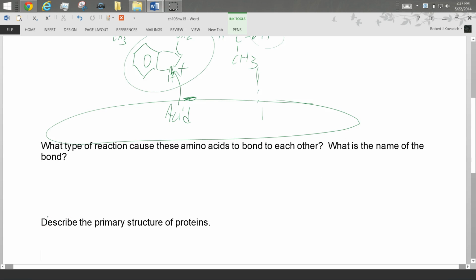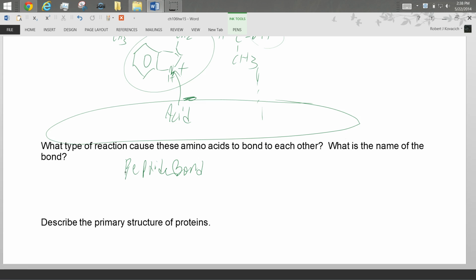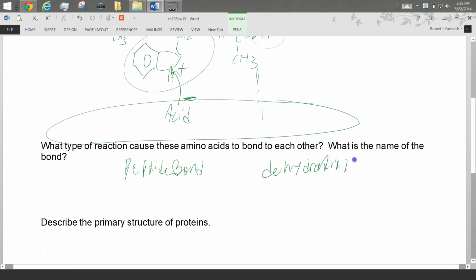What type of bond causes amino acids to bond to each other, and what's the name of the bond? Peptide bond. All right, so it's a peptide bond. And what's the impetus? That's a dehydration reaction, right? So again, if nature can make water, nature will make water.